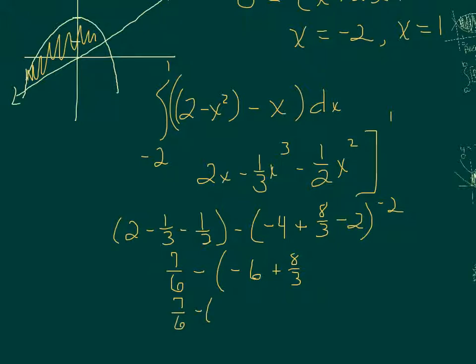Wait, I did something wrong. -4 plus 8/3 minus 2. Maybe it was over here. 12/6 minus 2/6.